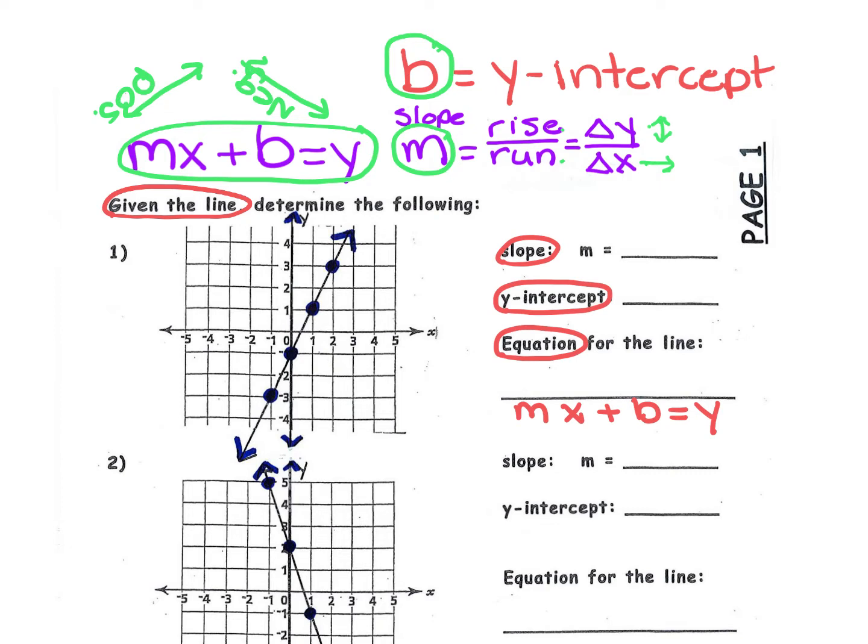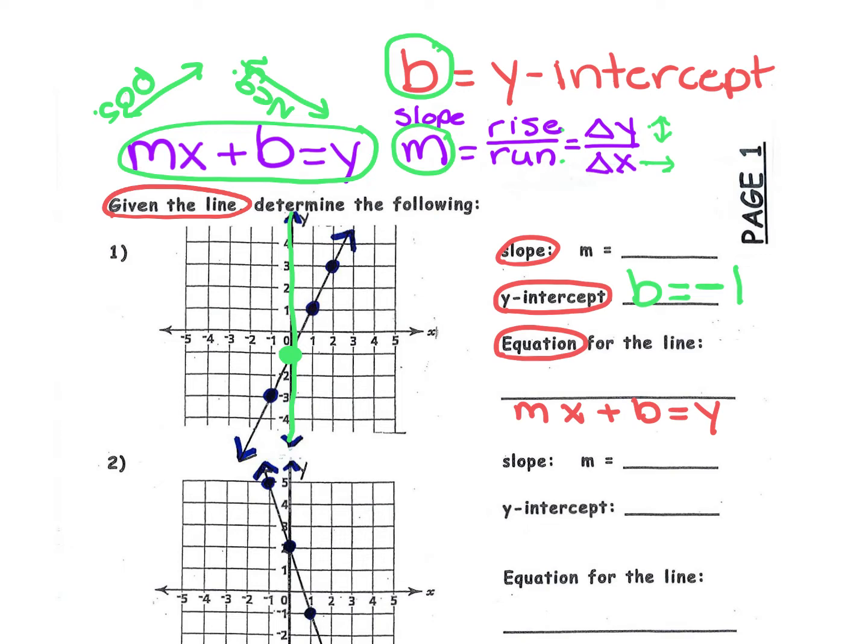Let's take a look at our first line. If we look at the y-axis, we see the intercept anchor point is -1. So b equals -1.